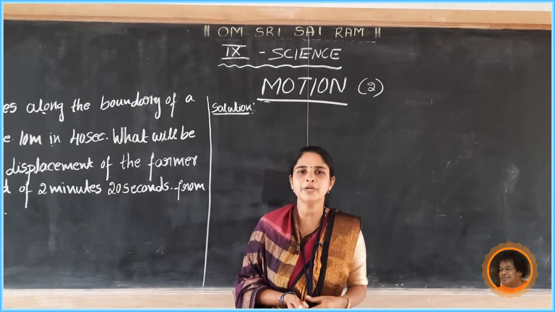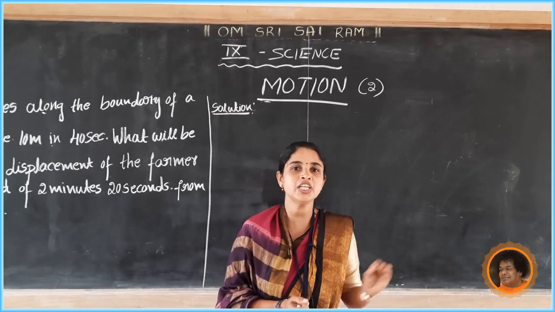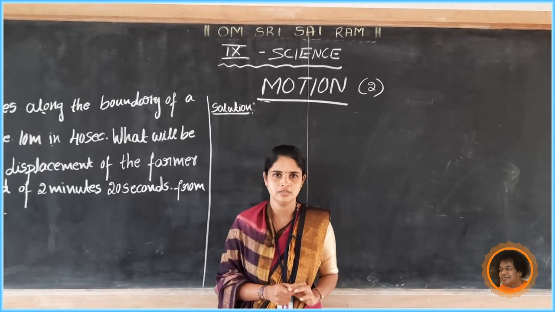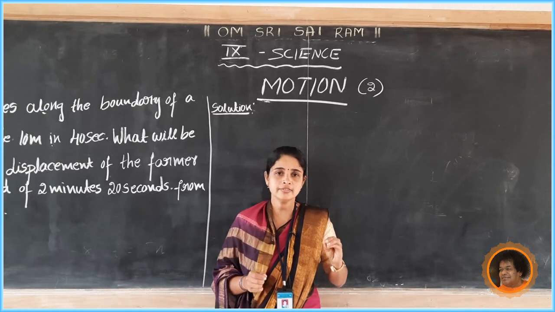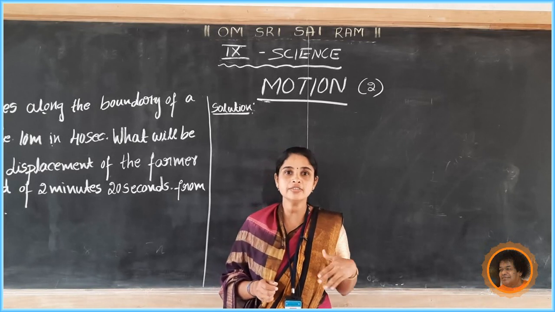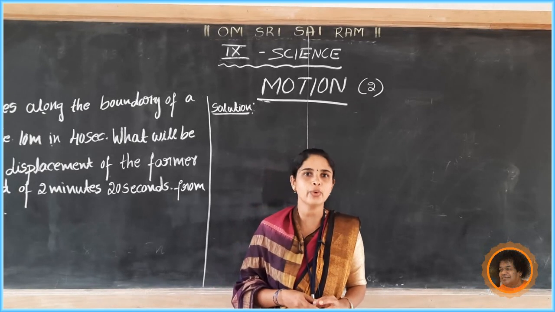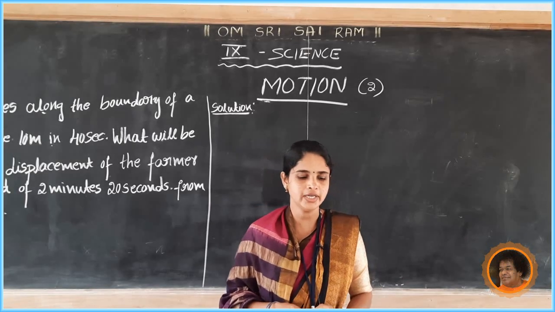Displacement means the shortest distance between the initial and final position of the body. In displacement, direction is considerable, so it is a vector quantity. Two types of physical quantities: scalar and vector quantities.